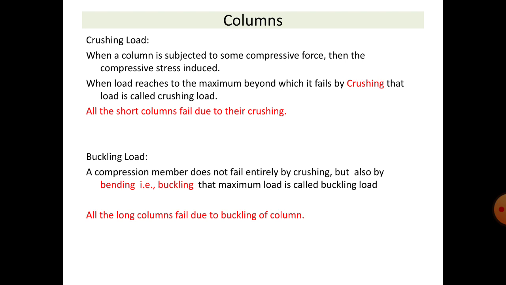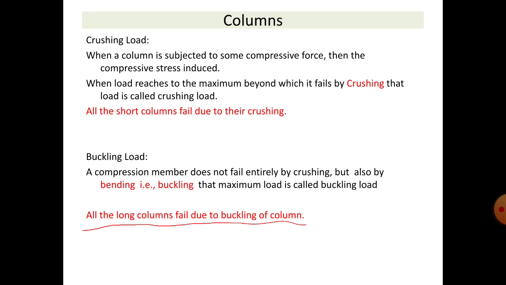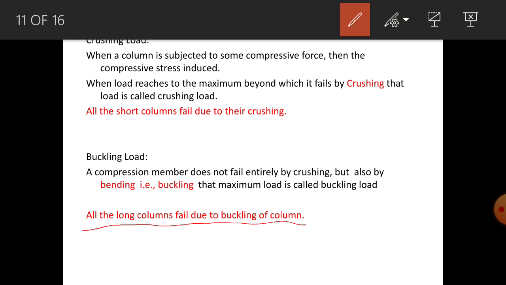At the maximum load at which the column will buckle, that is called buckling load. All the long columns will fail due to buckling, and all the short columns will fail due to crushing. You have to remember this, it is very important.